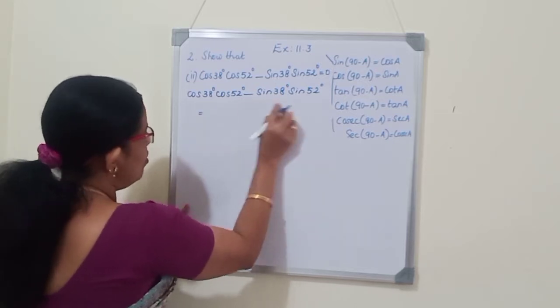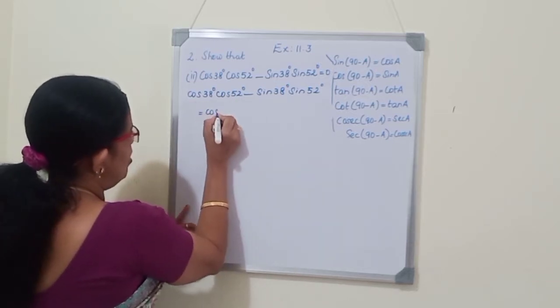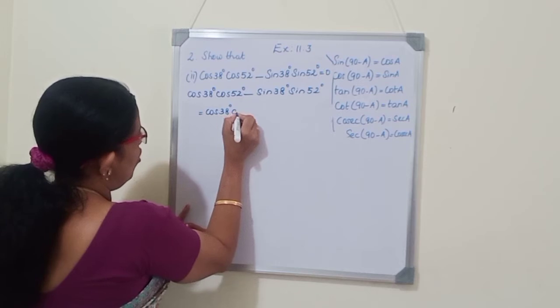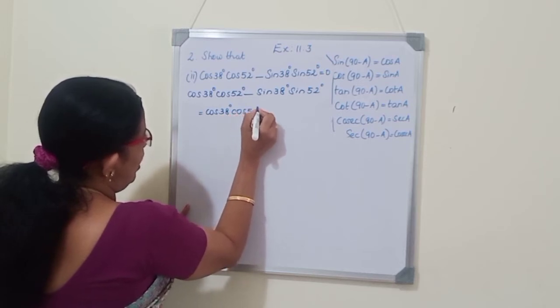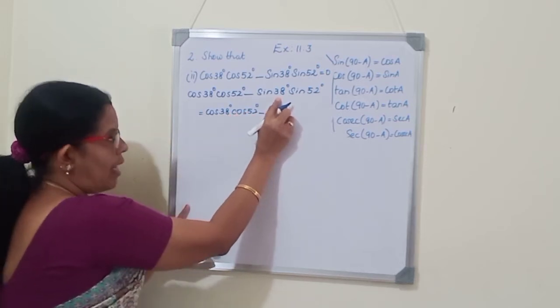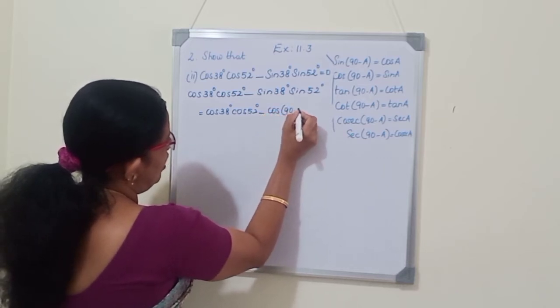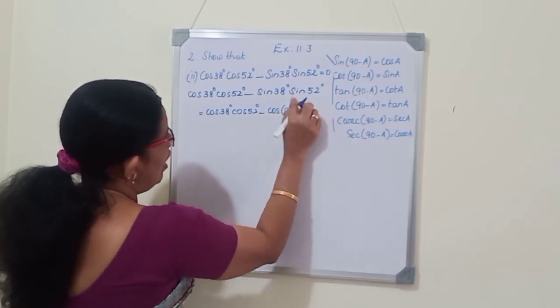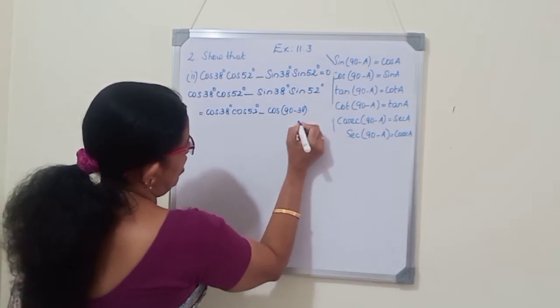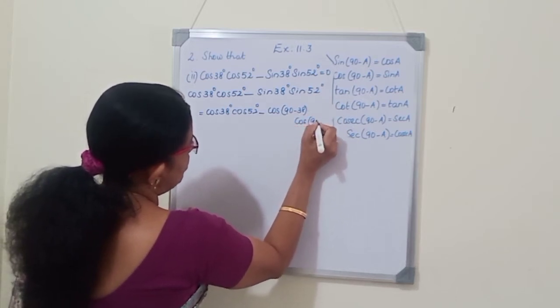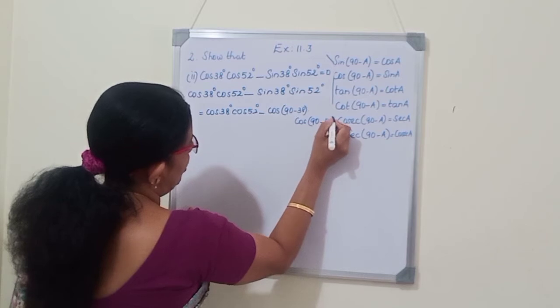I'll change these two, the first two as it is. I'll write the first step: cos 38 degree cos 52 degree minus, how can we write sin A? Sin A is cos 90 minus A, so cos 90 minus 38, into, again sin A is cos 90 minus A, that is 52 degree.